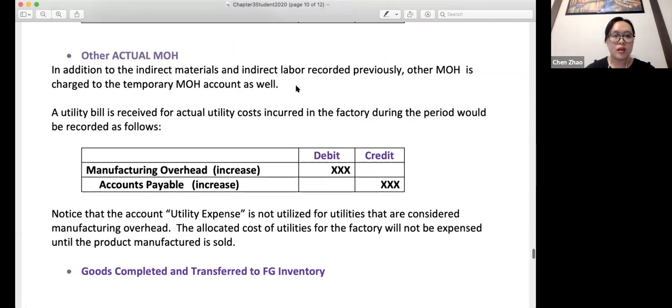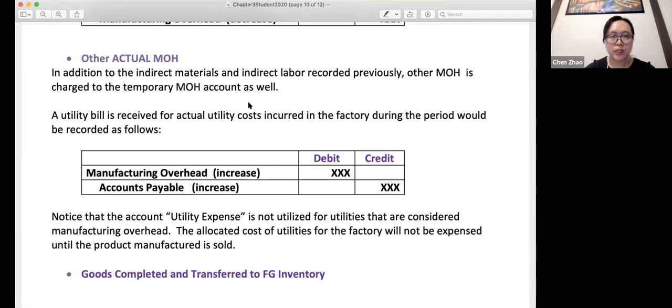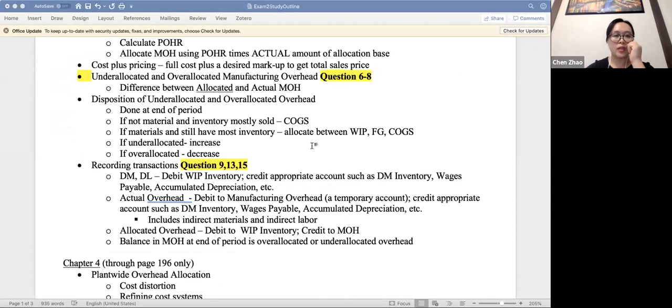Okay. I think that's pretty much it for chapter 3. Let me make sure. Any other questions on chapter 3? You can always go back to the video and redo these problems.